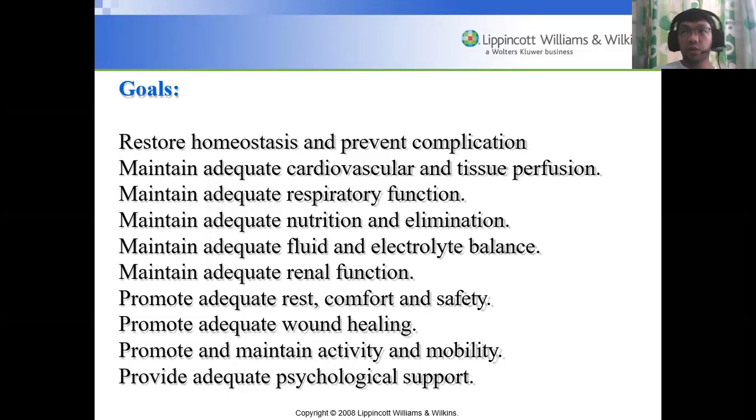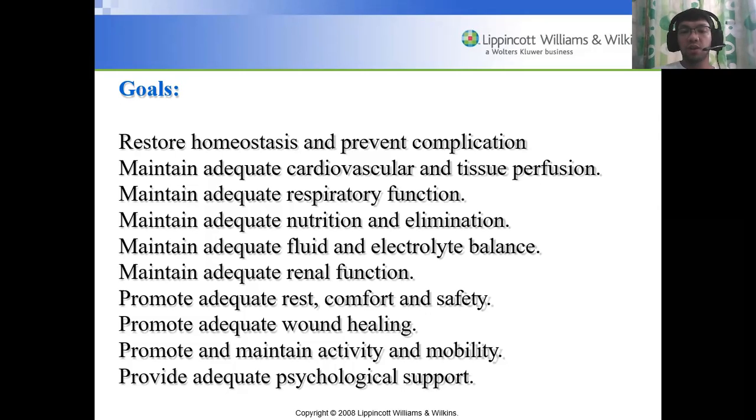Maintain fluid and electrolyte balance as well by administering the appropriate IV fluids. Maintain adequate renal function. So, together with the IV fluids, we need to check the renal function of the patient as well by checking the output, the urinary parameters, and the lab values regarding the renal system.